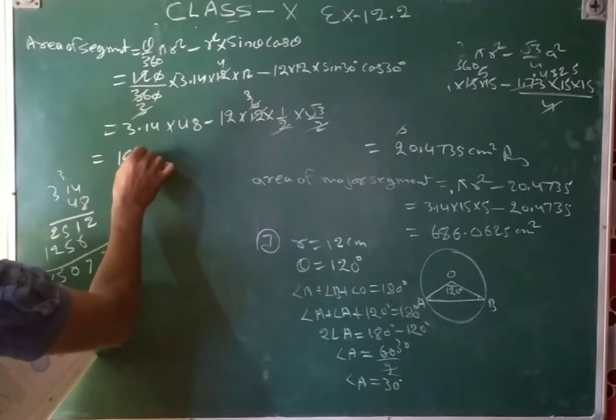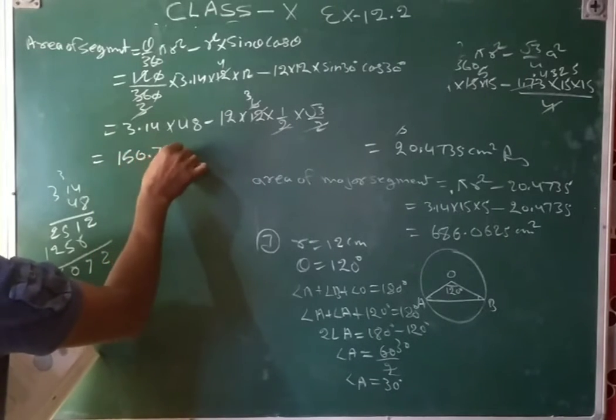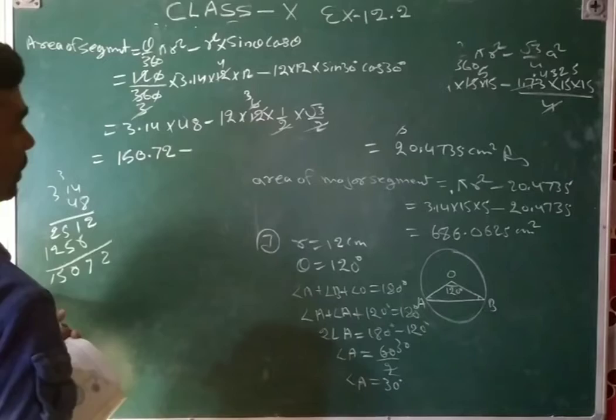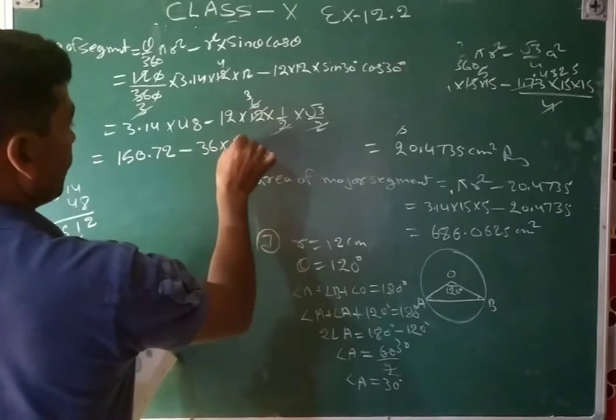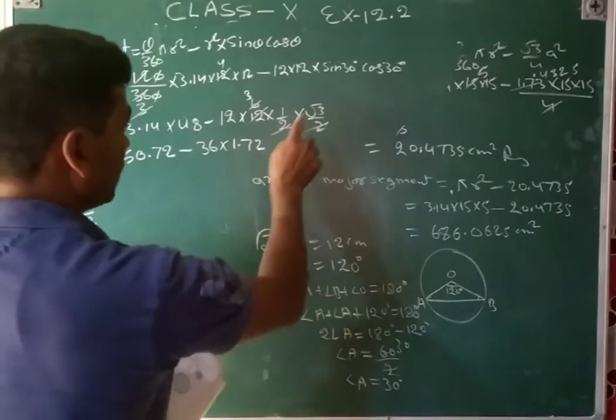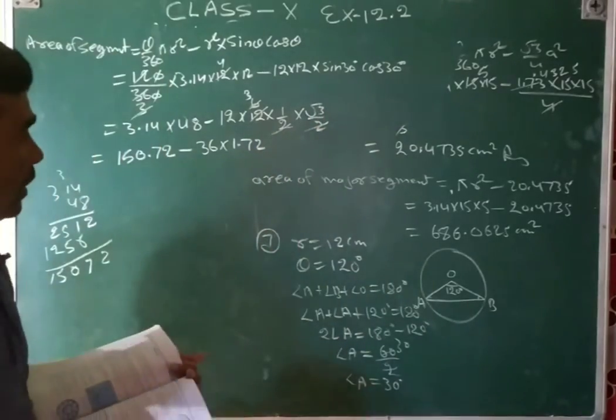150.72 minus 36 multiply 1.72. That under root 3 value is also given in the question.